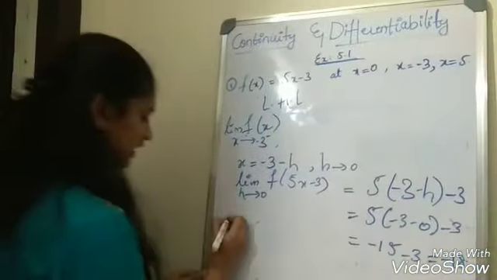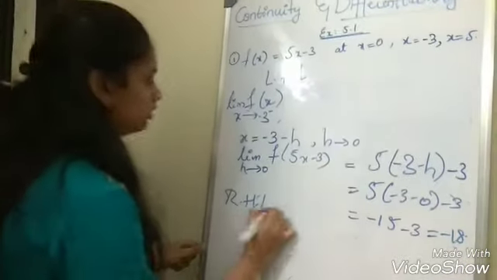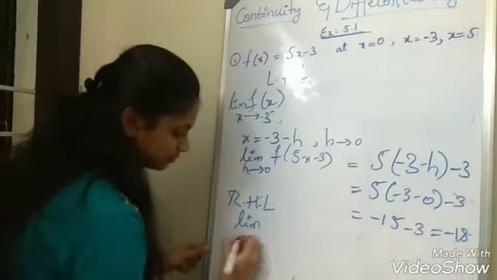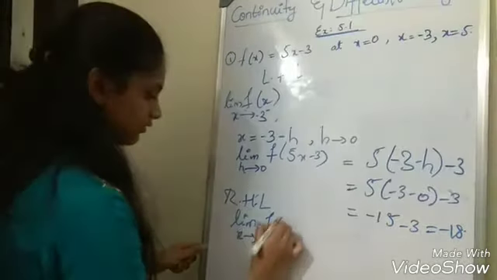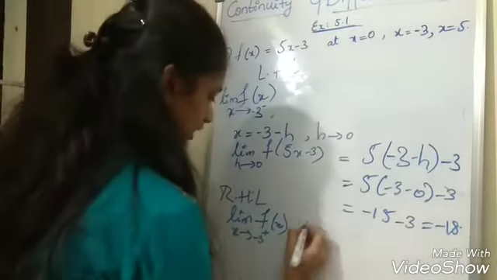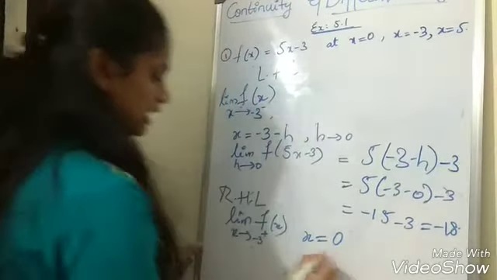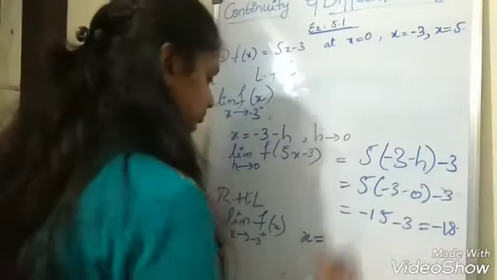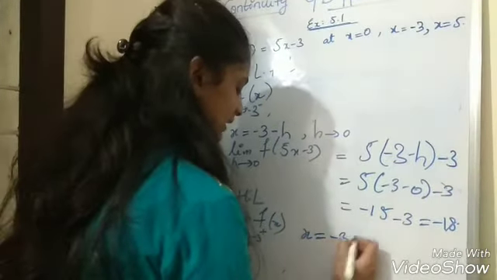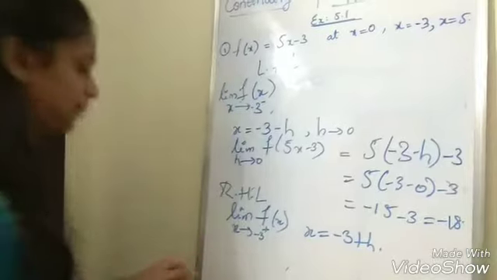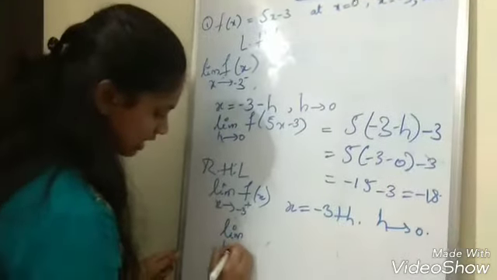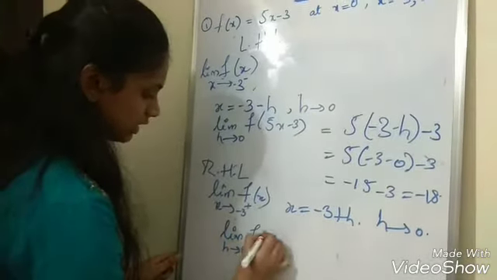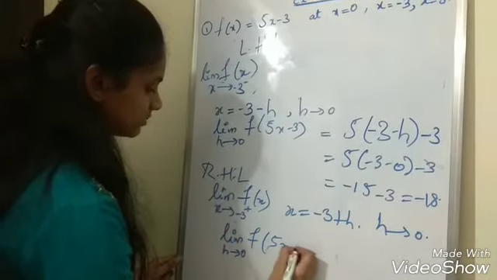Now let's check its right hand limit. Limit x tends to minus 3 positive f of x. Here the value of x is equal to minus 3 plus h, and h is tending to 0. So limit h tends to 0 f of 5x minus 3.